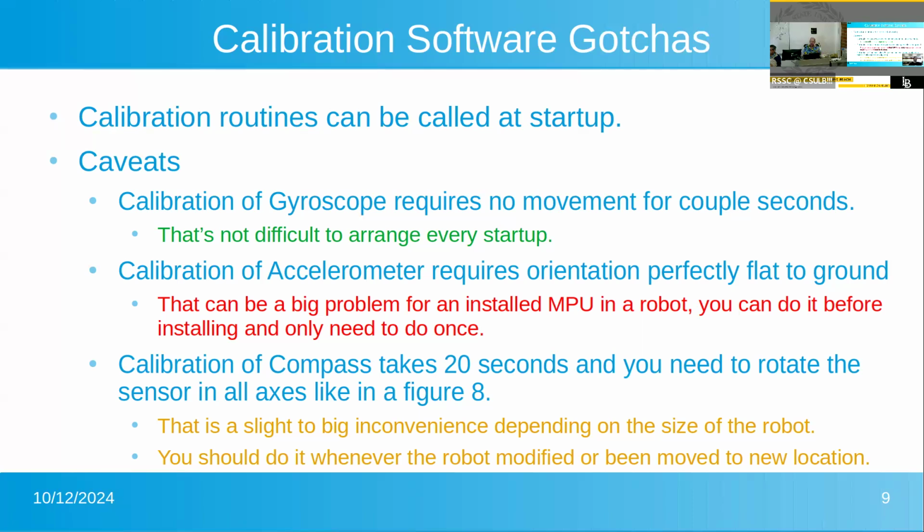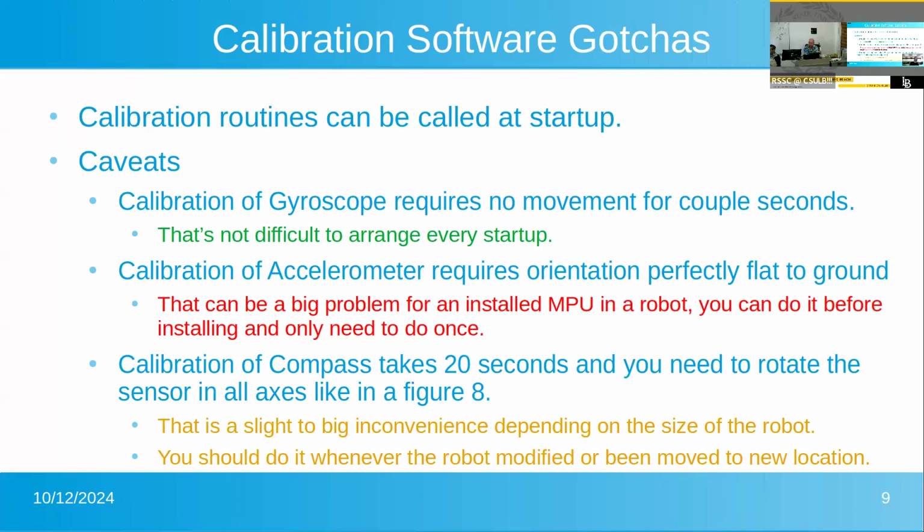So, what am I doing? Calibration of the compass takes about 20 seconds, and you need to rotate the sensor in all axes like a figure 8, just like you've probably seen on your phone. Except in the robot, ideally you want to rotate it completely around in a 3-dimensional figure 8.